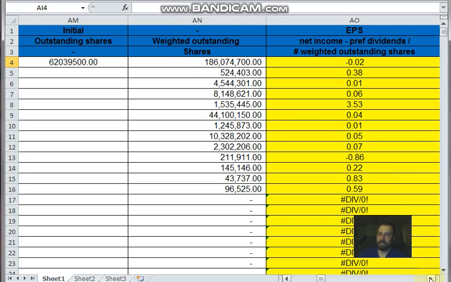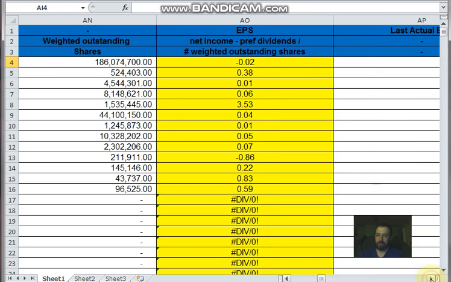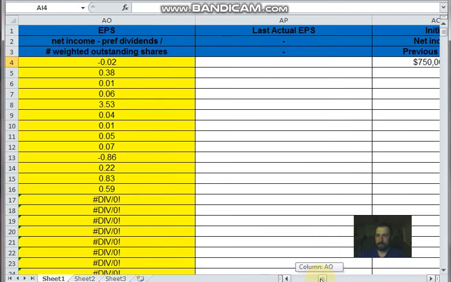The EPS is estimated price per share. It's the net income minus preferred dividends divided by the weighted shares of the 2 quarters, or the time frame that you're looking to get the EPS from. The last actual EPS. Now you can use Yahoo, Google, or you can try to find your own EPS.